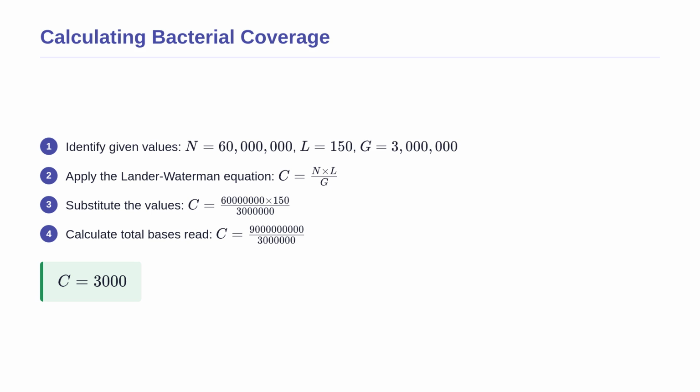We plug these into the Lander-Waterman equation. Multiplying the number of reads by the read length gives us 9 billion total DNA letters successfully read. Dividing this massive number by the genome size of 3 million gives us our final answer of 3,000. Physically, this means every single letter was read on average 3,000 times, ensuring highly reliable data.